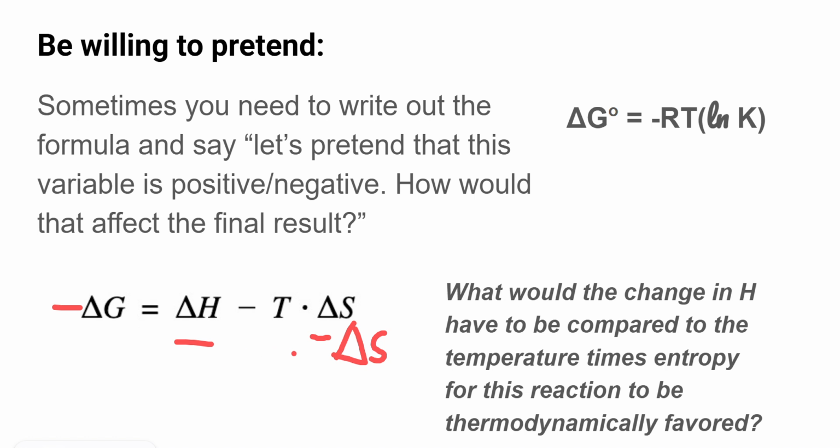You have to play around like I did to see what the change in H would have to be. Most of the time it has to be negative for the reaction to be thermodynamically favored. Now it could be positive, but you'd have to figure out what the other variables would need to do. They'd have to be significant in order to end up with a thermodynamically favored negative delta G.